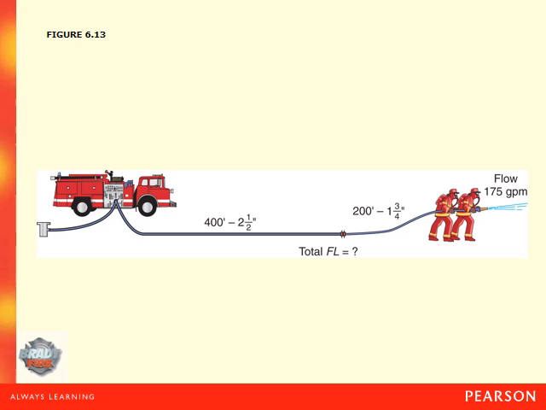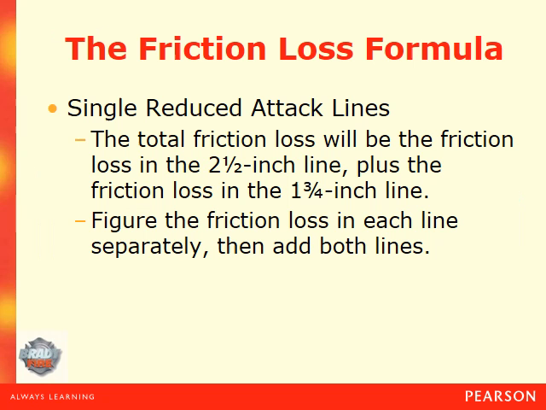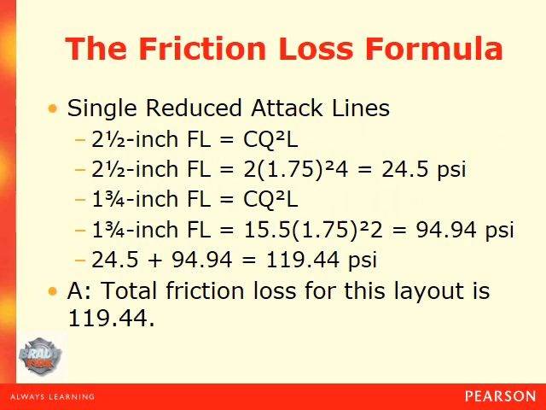So it's going to look something like this. The total friction loss will be the friction loss in the 2.5 inch line, plus the friction loss in the 1.75 inch line. Looking at our single reduced attack line here, the 2.5 inch friction loss, again, is the coefficient times the GPM divided by 100 squared times the length of hose.